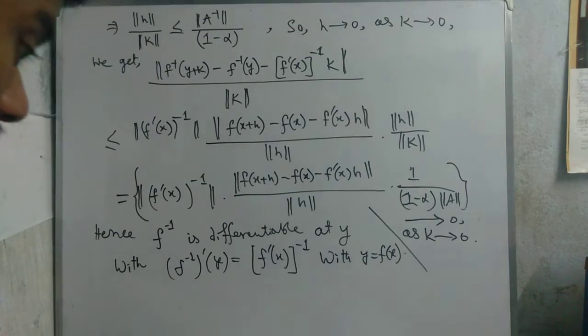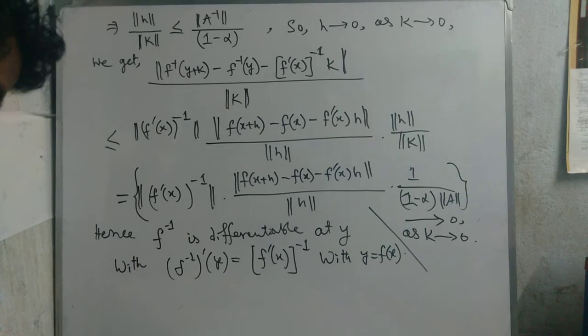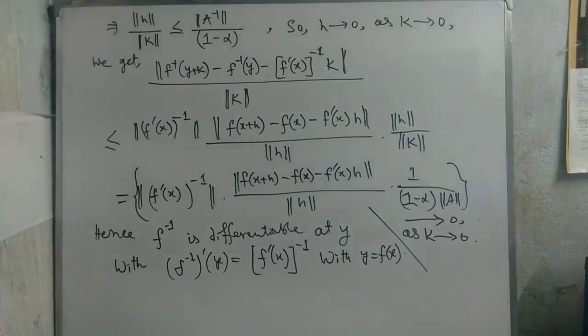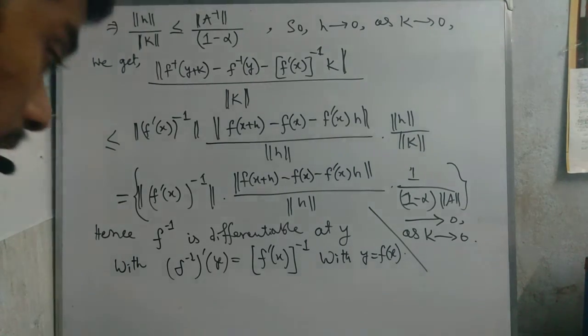So we calculate the norm of (f'(x))⁻¹ times the norm of f(x+h) − f(x) − f'(x)h, by the norm of h, multiplied by the norm of h by the norm of k.